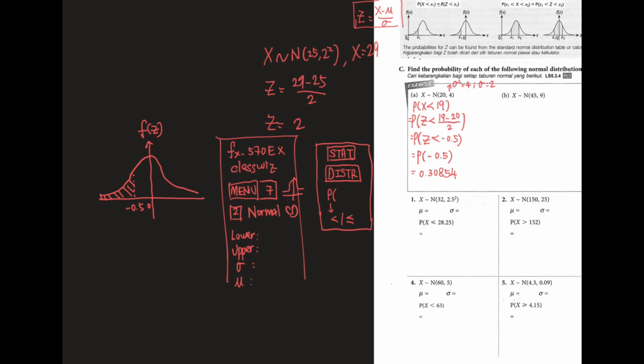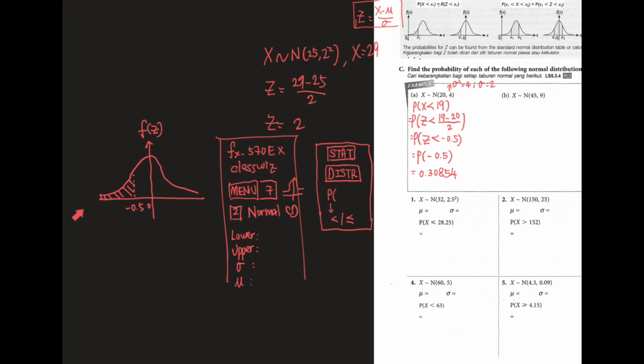When the calculator asks for Lower, you just put any value which is very, very negative, as big in magnitude as possible. Let's say I key in negative 10,000. Why negative 10,000? Because I want a value on the left.